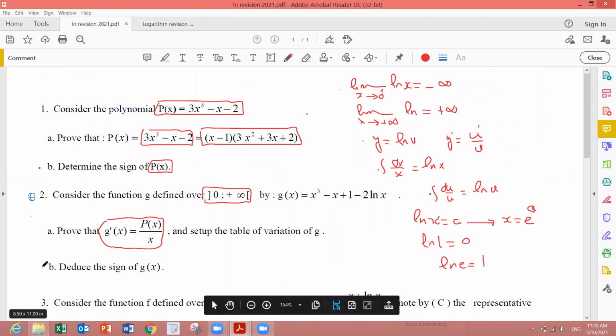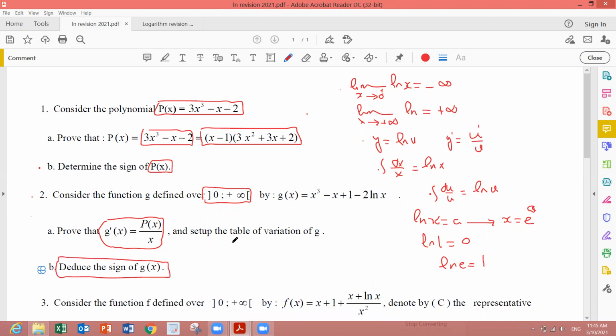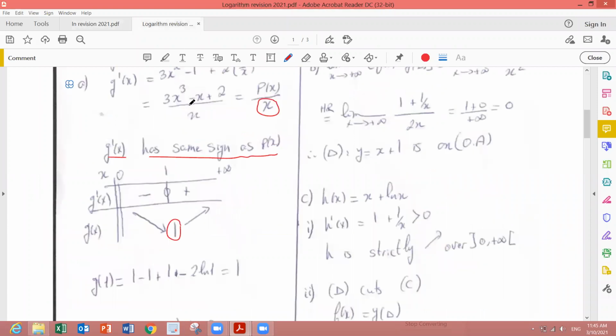Part B, deduce the sign of g x. What's the sign of g x? Positive. Why positive? Yes, it is positive, but why? Deduce. How to deduce the sign of g x? From where do we need to deduce the sign of g x?